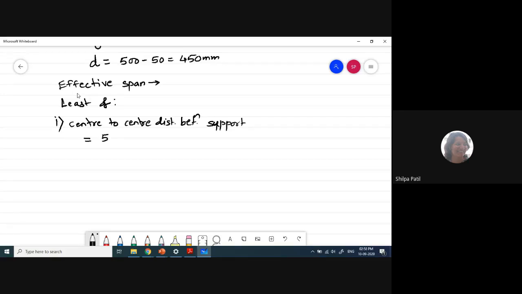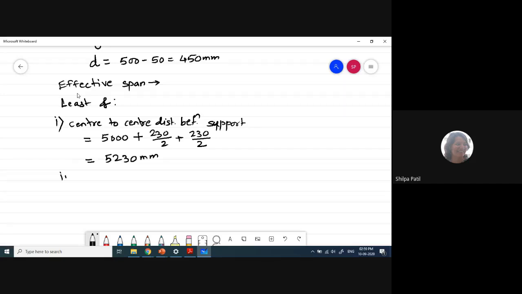So it is 5,000 mm effective, or the clear span, plus the center to center support means the width of the support is 230. From the left hand side 230 by 2, I will write down all details, and from the right hand side 230 by 2. So that will be the center to center support. In short, it is 5,000 plus 230, so we will get 5230 mm.